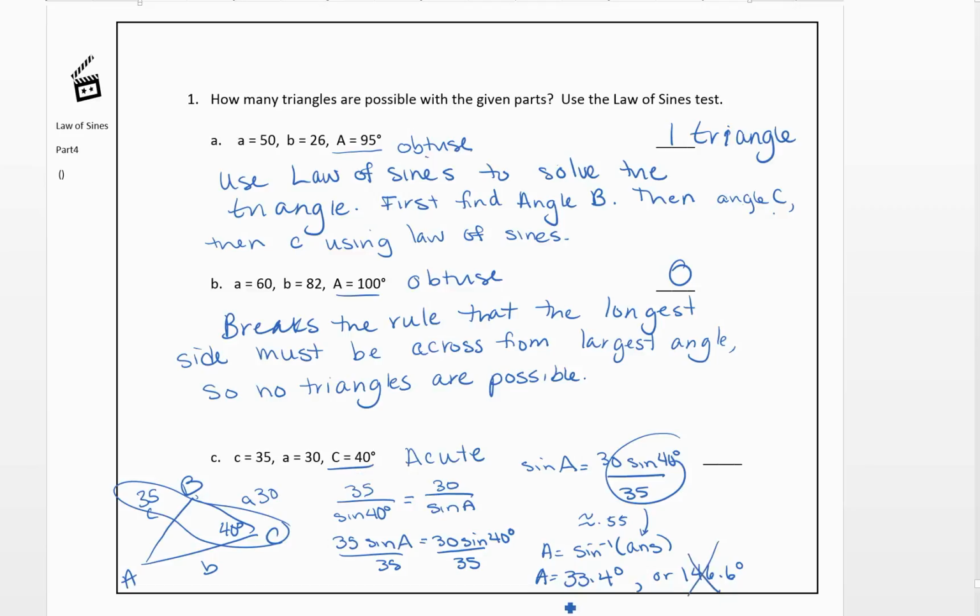If that plus C was still less than 180, we'd have two separate triangles, both with this information but with different A's. But that one is too big with angle C, so we can only have this angle. So here we only get one triangle. But sometimes it will happen that you'll be able to get two.